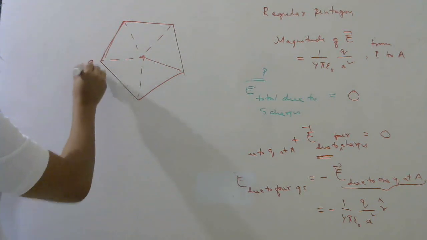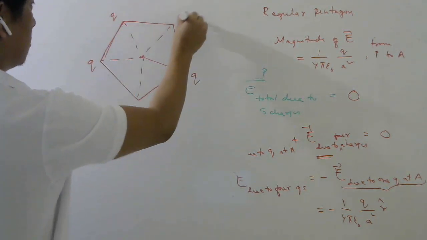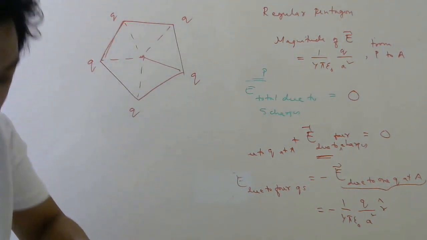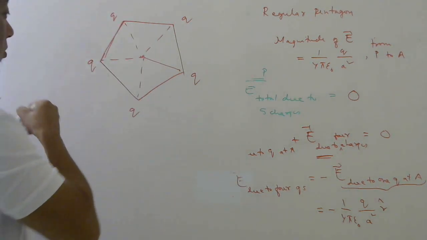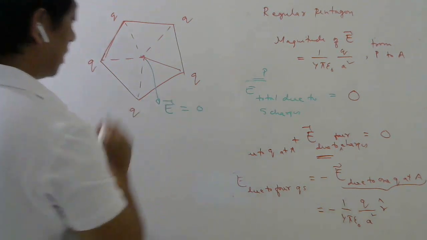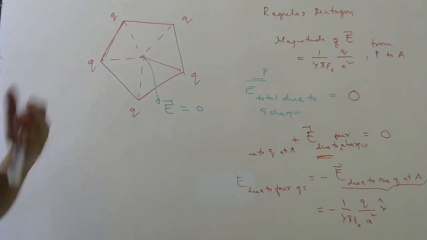Here there was Q, Q, Q, Q, Q. It doesn't matter. Now, when you keep 5 charges, we all know the electric field here is 0. The total electric field is 0. But the question was, one of the charges is removed. Anyway, let us remove it here.